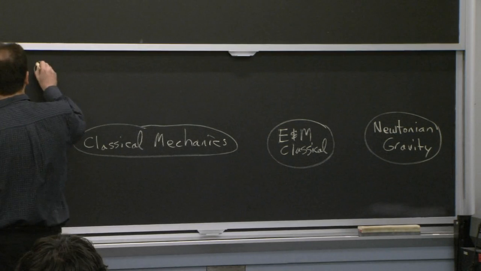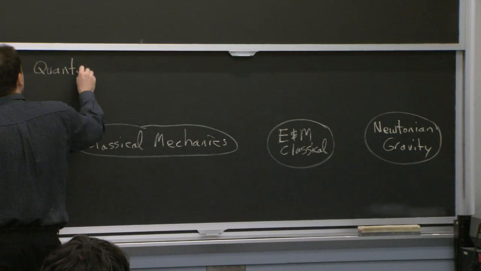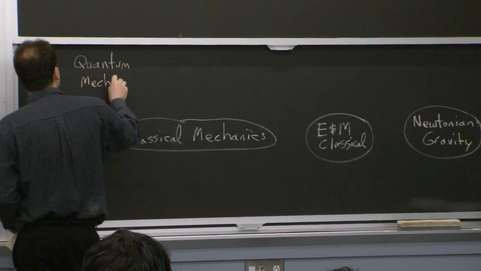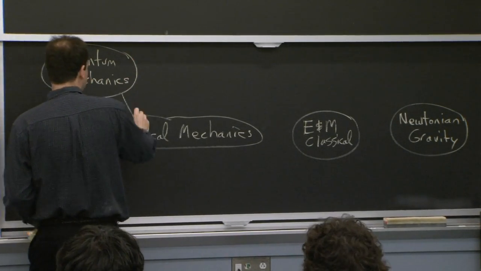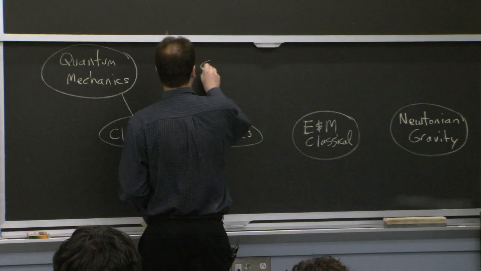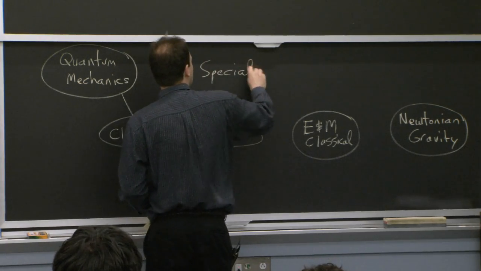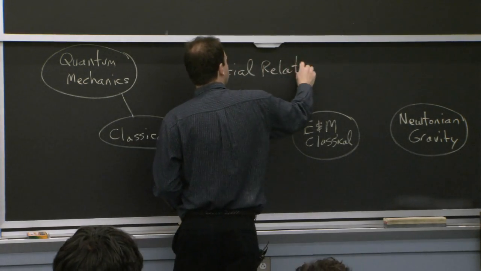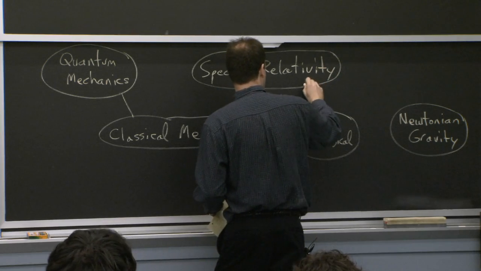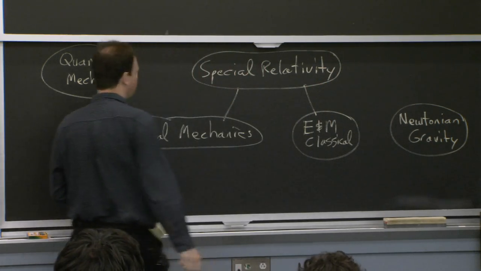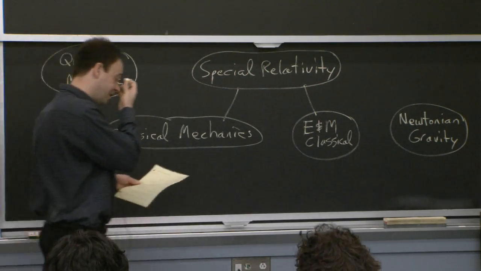So you learn quantum mechanics, and that builds on classical mechanics. You learn special relativity, which is building on both classical mechanics and electromagnetism.